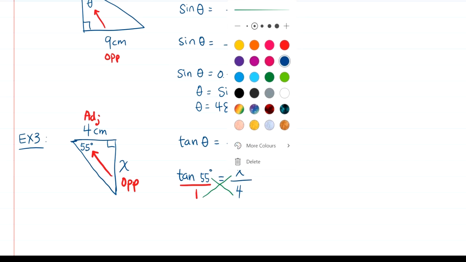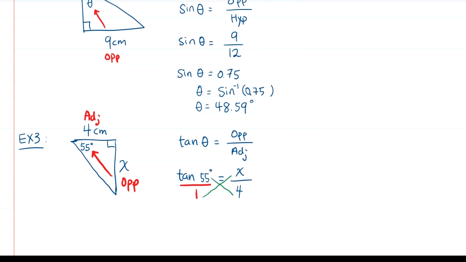So what do we get? 1 times x is equal to 4 times tangent 55 degrees.